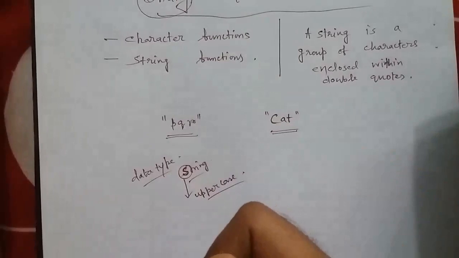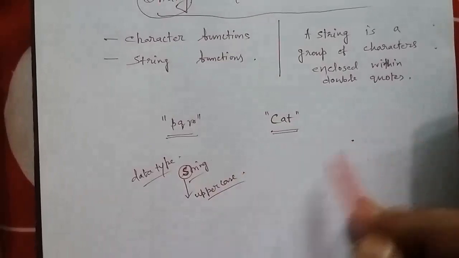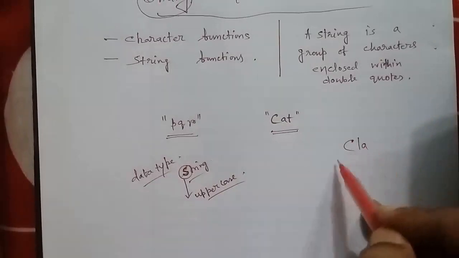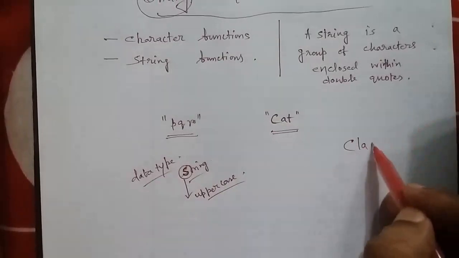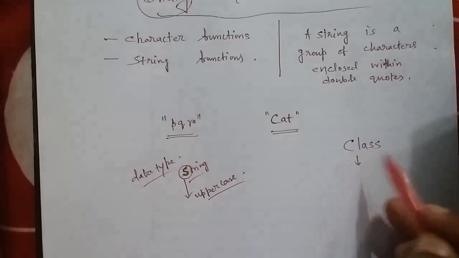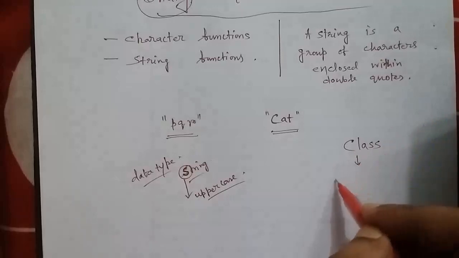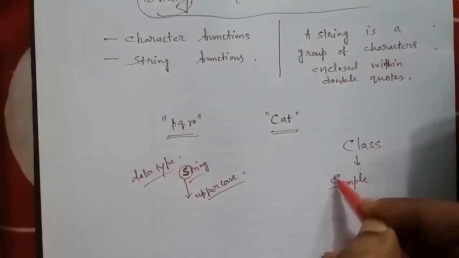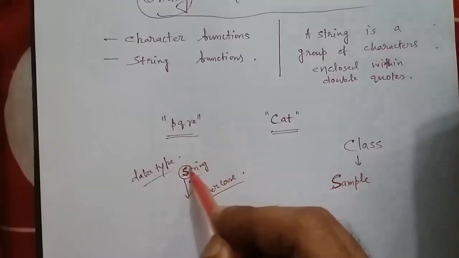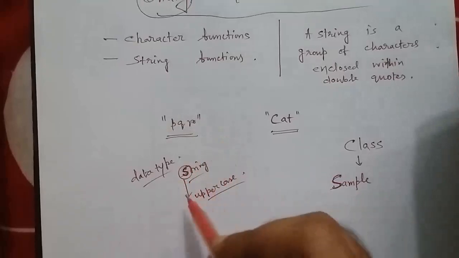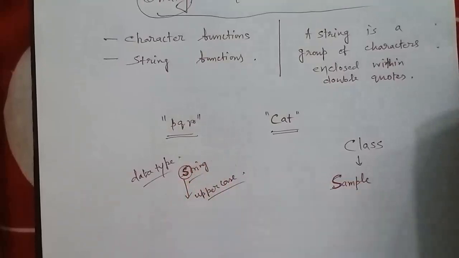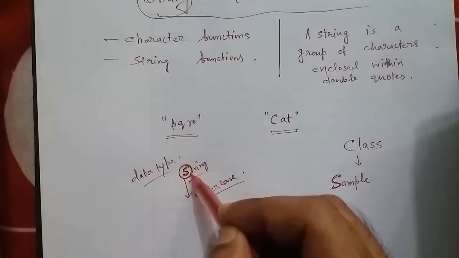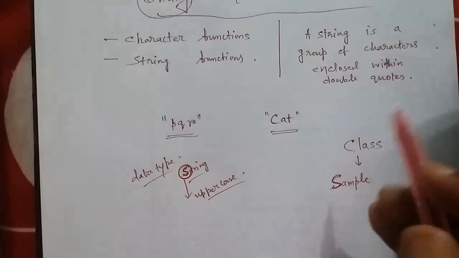Just like class is a composite data type, later you will know that class is a composite or non-primitive data type. So any class name always starts with uppercase, just like class Sample, S will be capital. Similarly, String is not a primitive data type, it is a non-primitive data type. That's why the convention is that the first letter must be a capital letter.